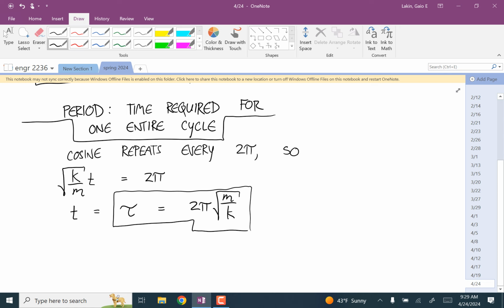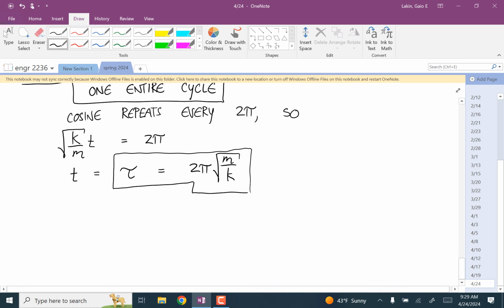Yeah, that's right. The period gets smaller. Anybody remember the relationship between period and frequency? Reciprocals. Yep. So the frequency f is just 1 over the period, and that's equal to 1 over 2 pi times square root of k over m.